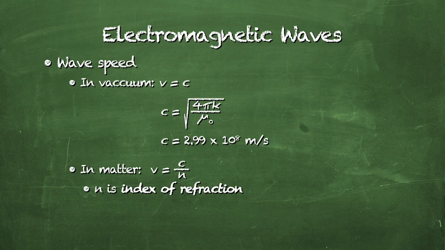We call it an index because it's a pure number, and refraction because we need to know that when we calculate how light bends when it passes through matter. And that process is called refraction.